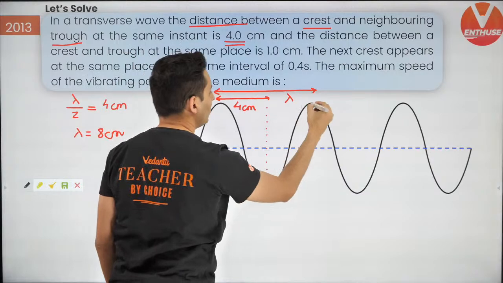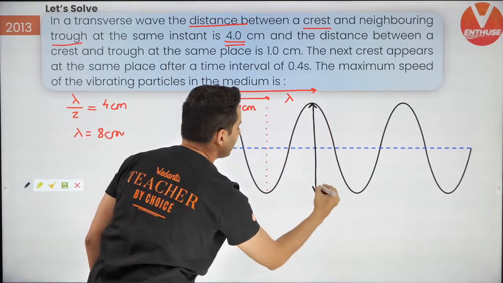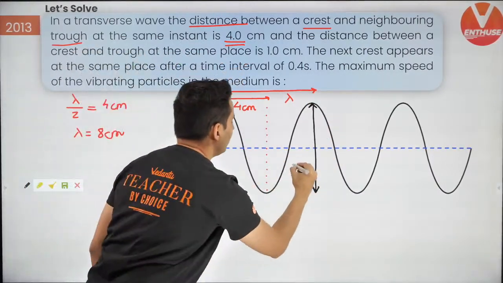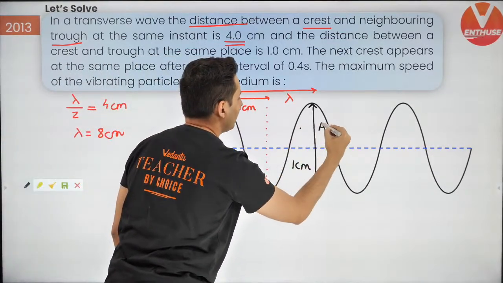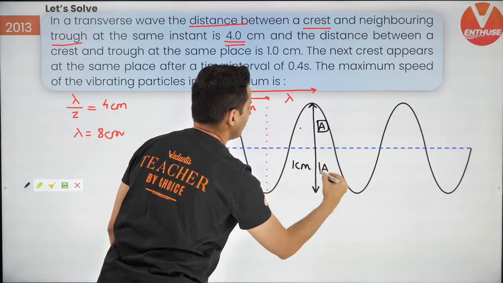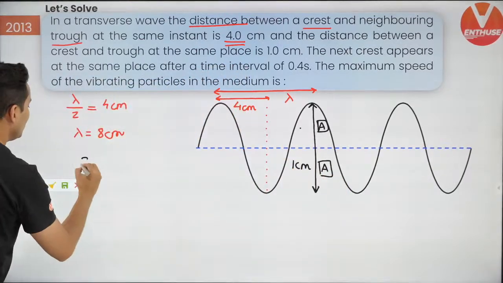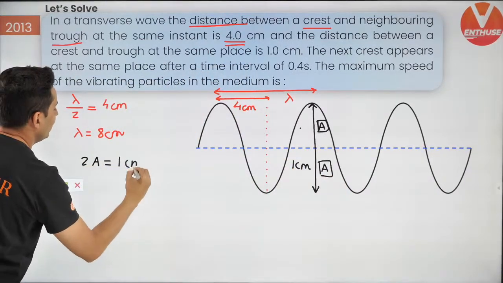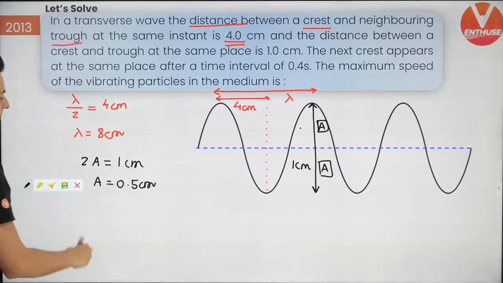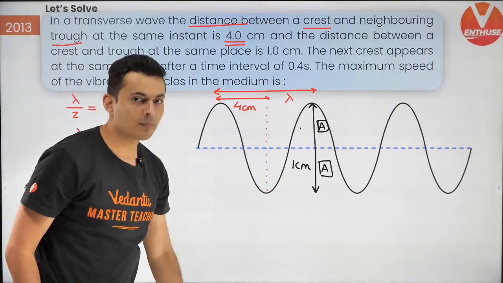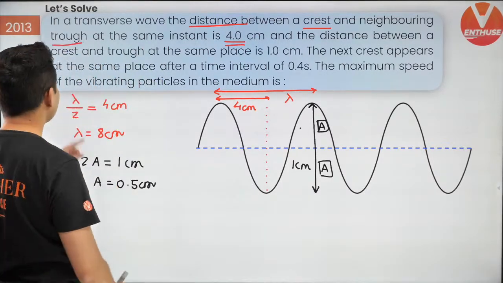So they have told this distance is how much? 1 centimeter. Oh, but this is A, correct? And this is also A. So basically, 2A is given to be 1 centimeter. That means A is equal to 0.5 centimeter, guys. Isn't that right?